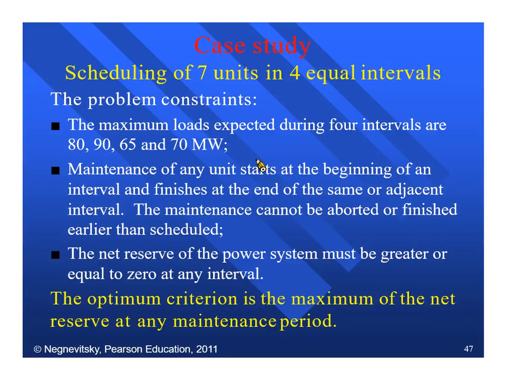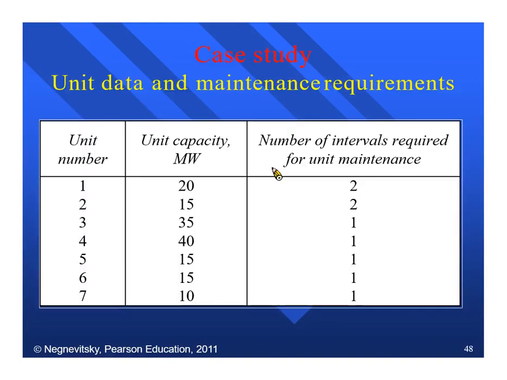So the optimal criterion is the maximum of the net reserve at any maintenance period. This is the problem. 4 intervals and 7 units, and for each interval we have the maximum load expected, and each of the 7 units has its limit of power supply.